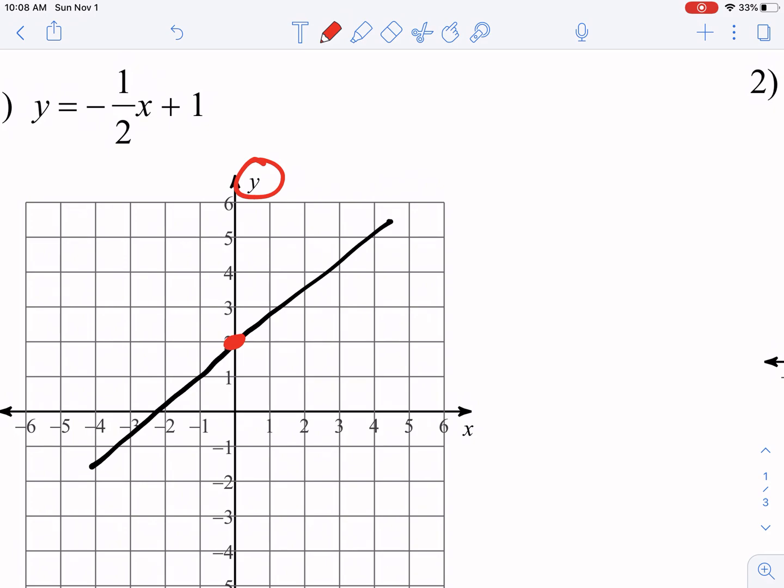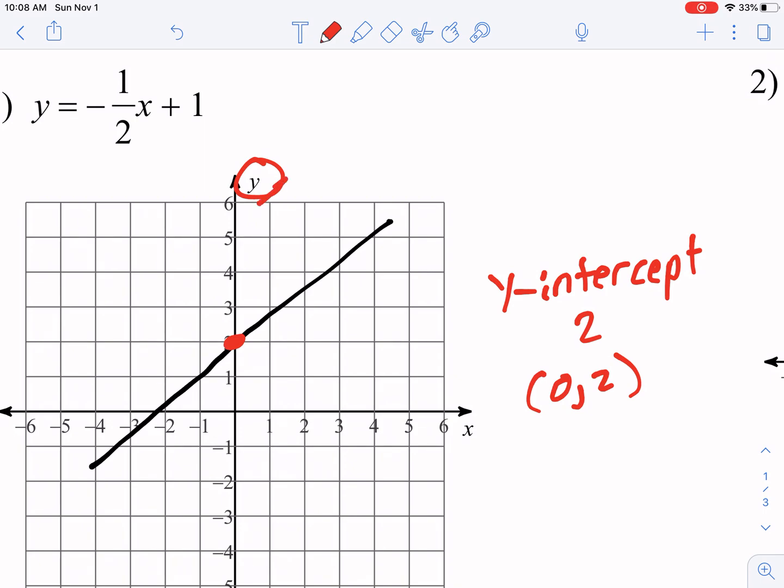That 2 would be considered the y-intercept, or we could say the point (0, 2). That would be the y-intercept of this line because it crosses the y-axis at 2. So that's what we want to keep in mind when we're working through this.